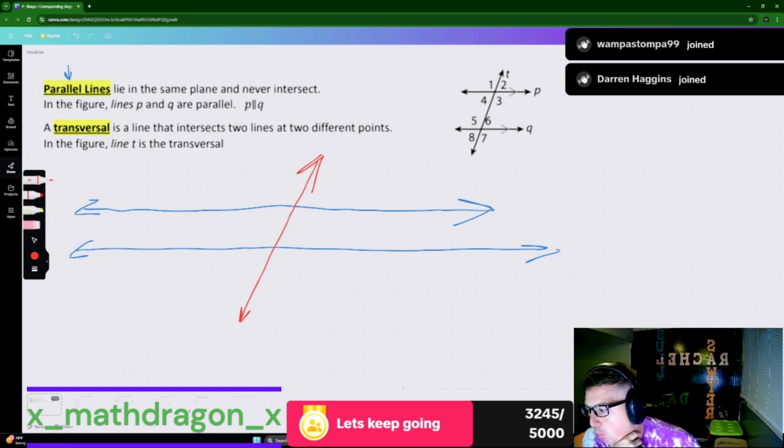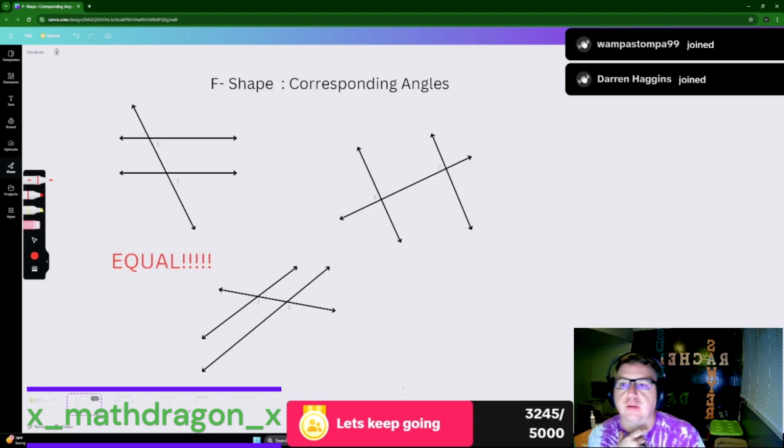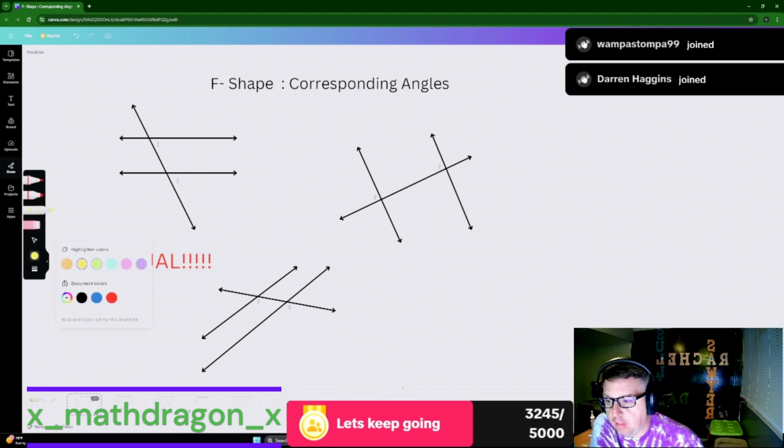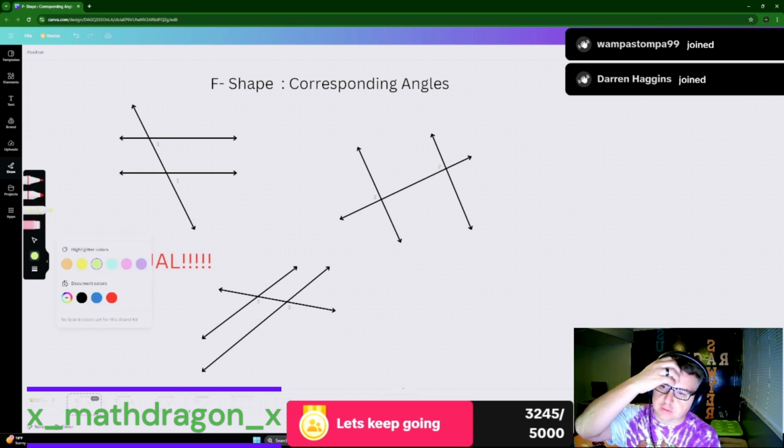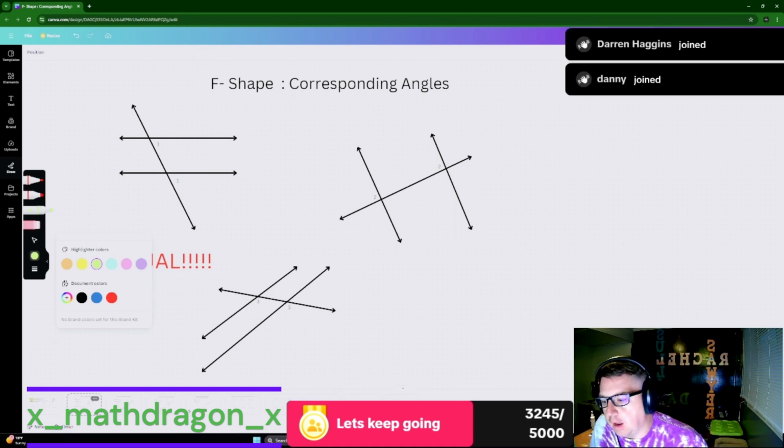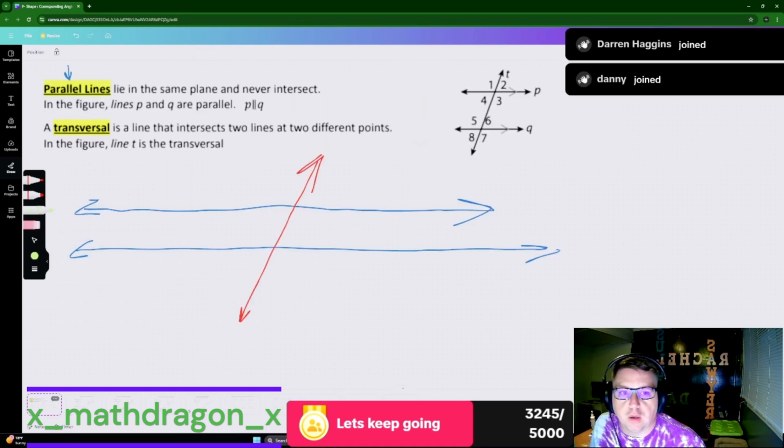So the first thing that we want to talk about is what I call the F shape. When you start to analyze these angles, so we have two parallel lines, and let me back up real quick. When you know they're parallel, they are telling you they are parallel with double arrows on them.